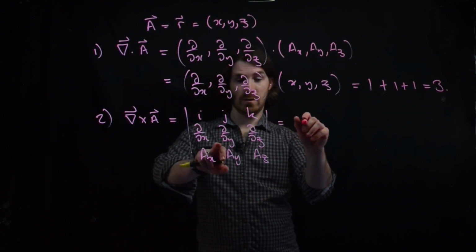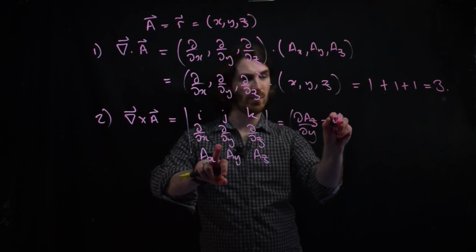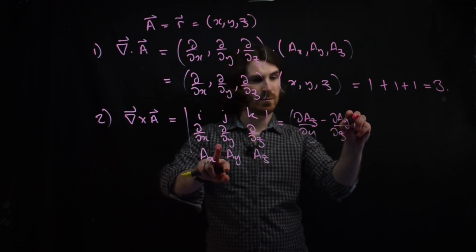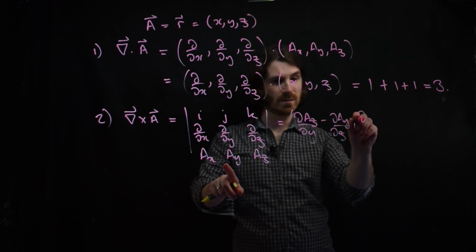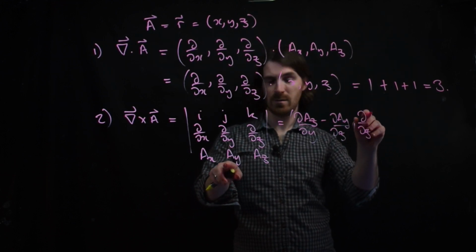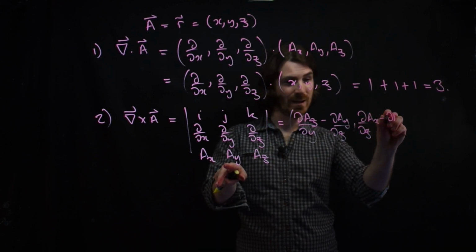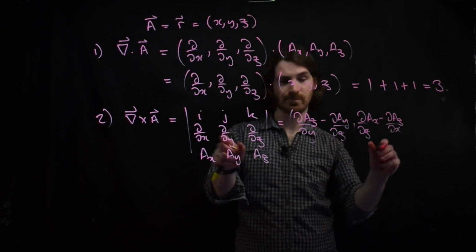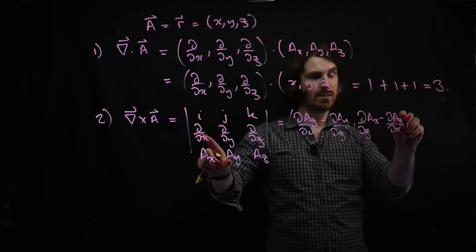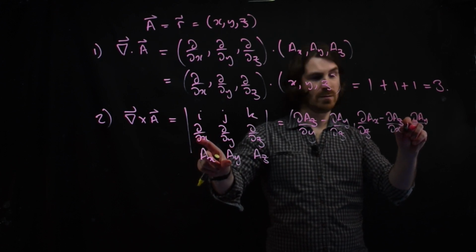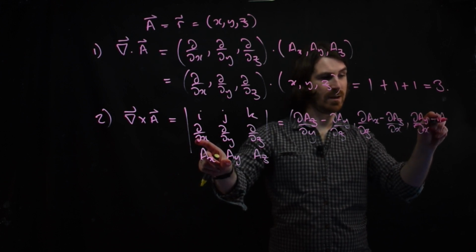So this is daz by dy minus day by dz, and that's the x component. The y component has d by dz of ax minus daz by dx. And the last component has day by dx minus dax by dy.